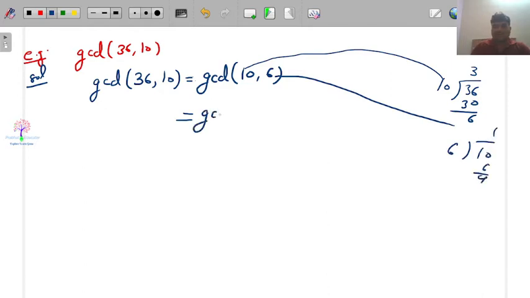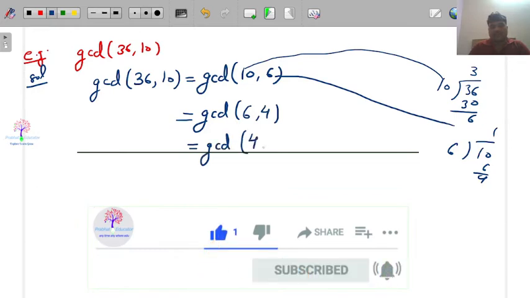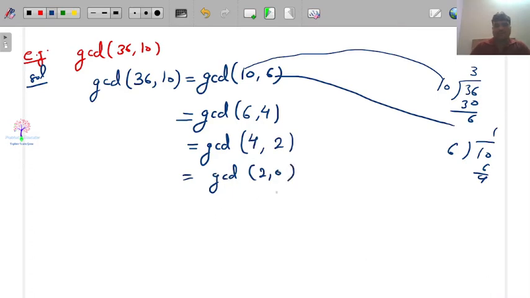So it is equivalent to GCD of 6 comma 4, and then again apply the same thing, we will reach 4 and 2, again apply the same thing, we will get 2 and 0, and when you apply fact 1 you will get 2. So GCD of 36 and 10 is equal to 2.